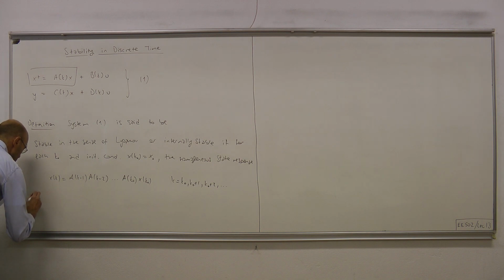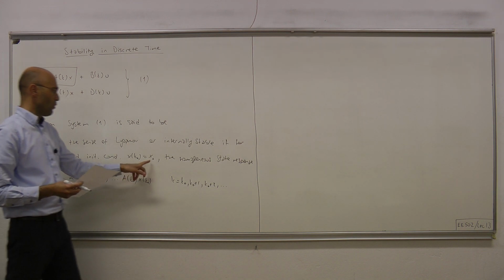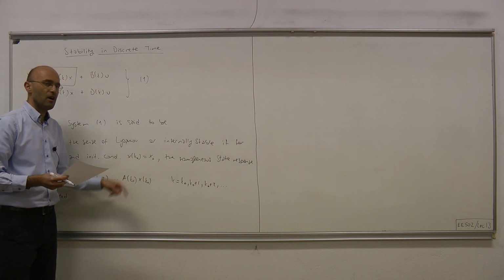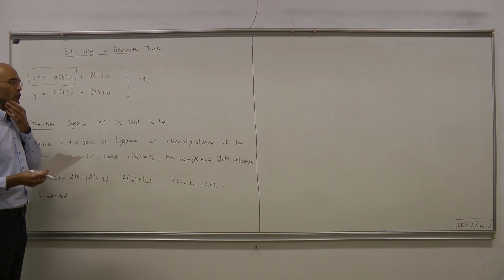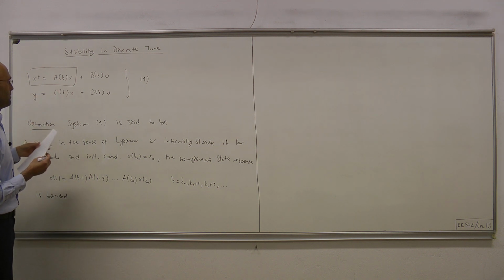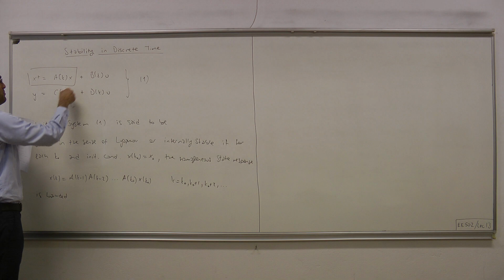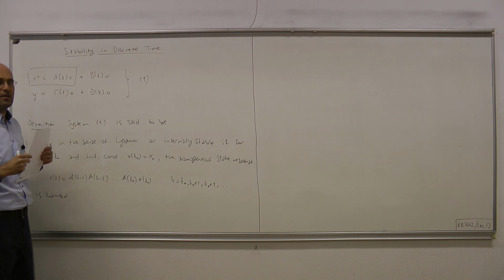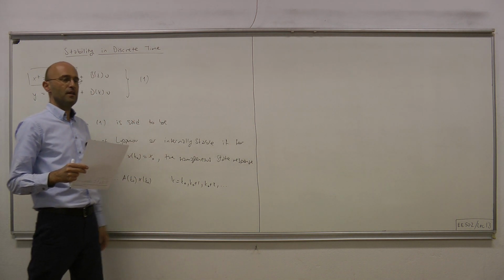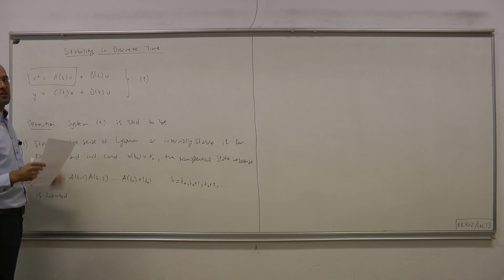So if this response is bounded for all initial conditions and for all initial times, then this system is said to be stable. Clearly, the internal stability definition does not care about the matrices B, C, and D. So the object of our study, therefore, is this matrix A of k.